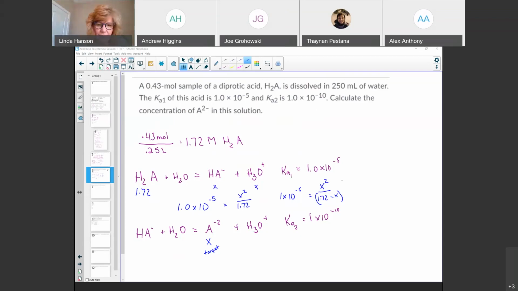I'm going to cross multiply 1 times 10 to the negative 5 times 1.72. I'll take the square root of that answer to find the value of X. So right here, when I solve for X, let me change color. When I solve right here, X on my screen came out to be 0.00415.